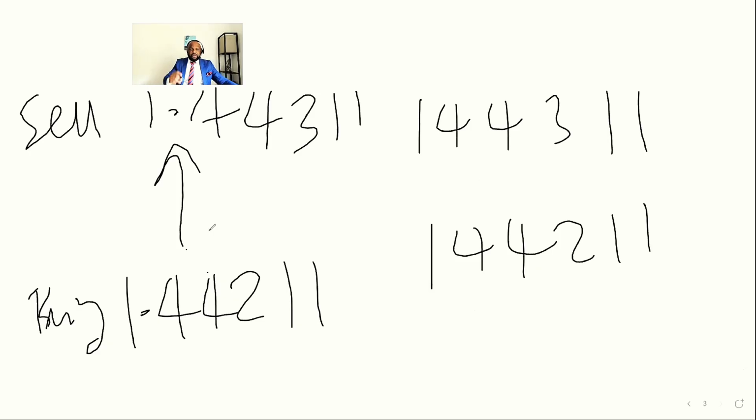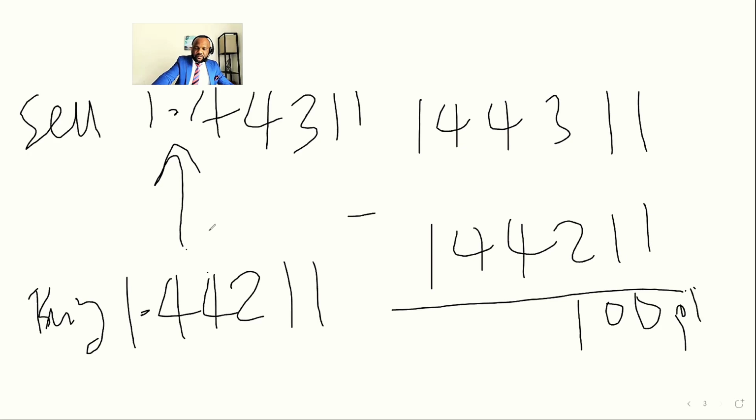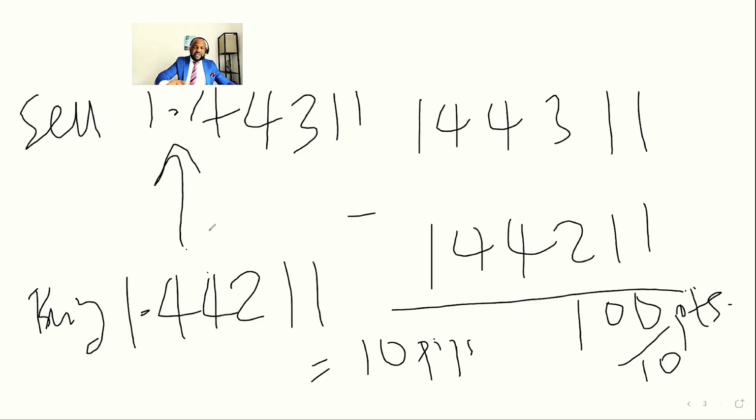Subtract with your calculator. You want to find out the difference. This is going to give you 100 points. Convert 100 points to pips. Divide it by 10. 100 divided by 10 gives you 10 pips. So we have just made or earned 10 pips from that transaction.